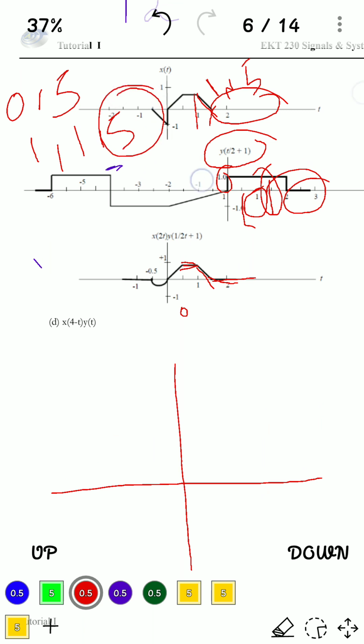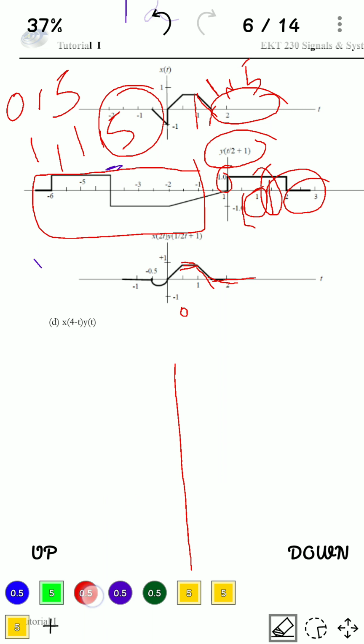So from here till 1 you need to consider it as 0, as you don't have any signal. That is why I am drawing a line over here, taking it as 0 till 1, right?